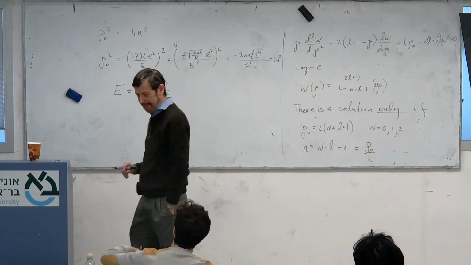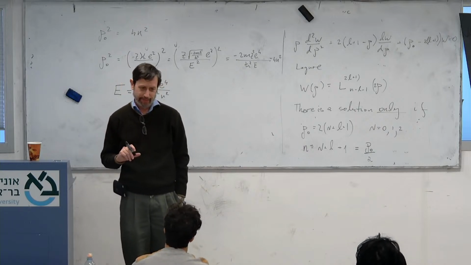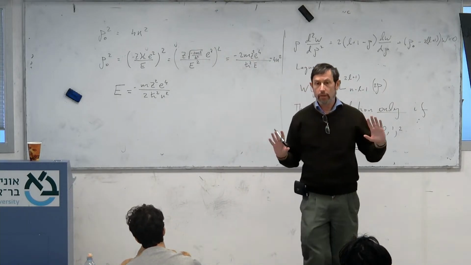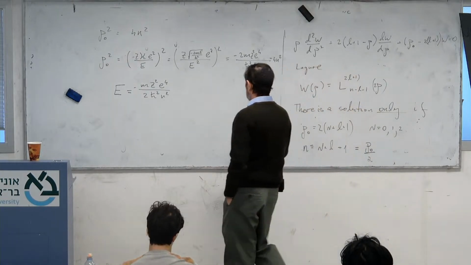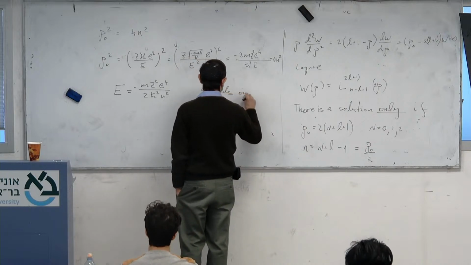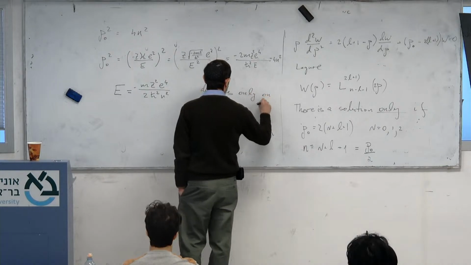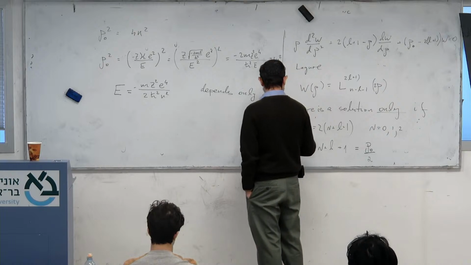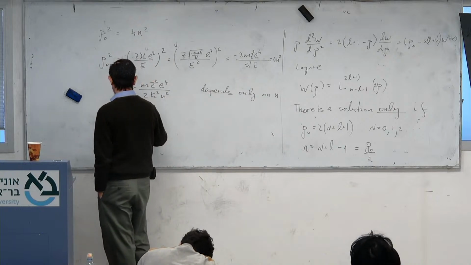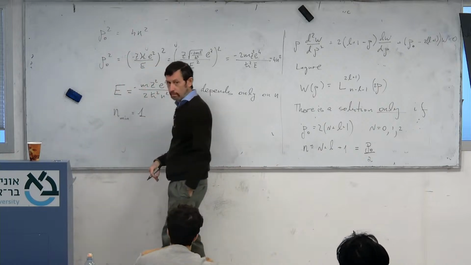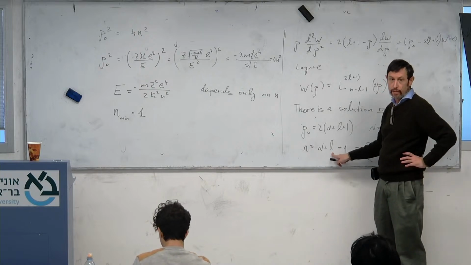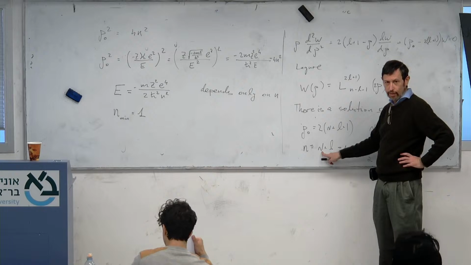Oh, that's like the rings? That's the rings. So the first thing is, depends only on N. N minimum is equal 1, because the lowest value of N that we can get here is large N equals 0 and L equals 0.